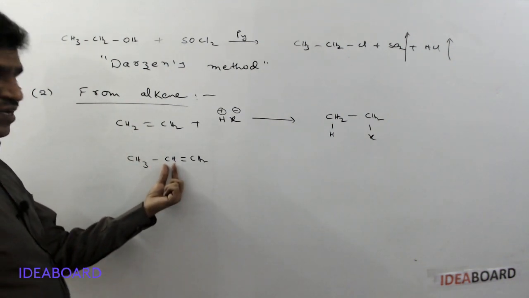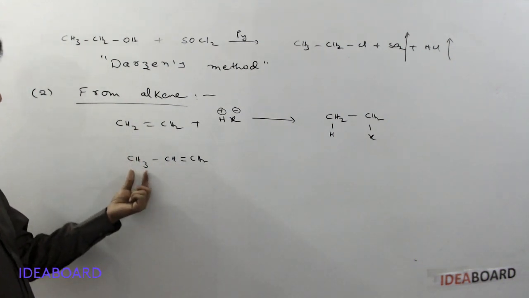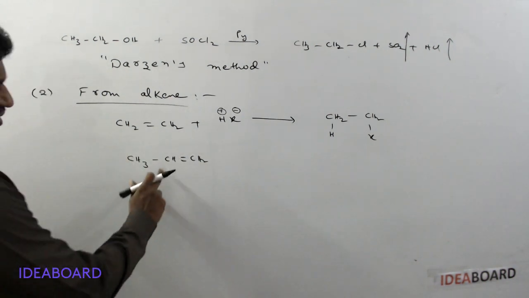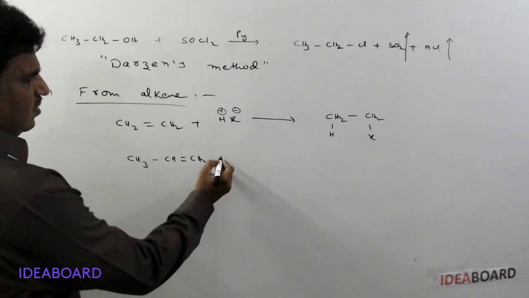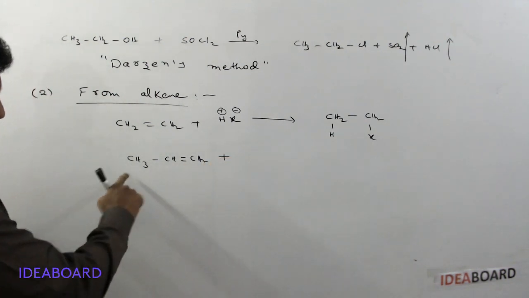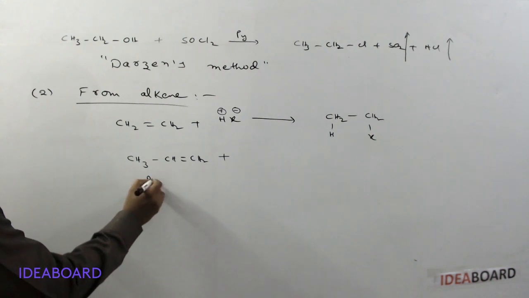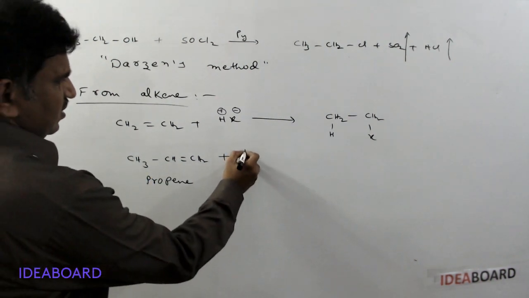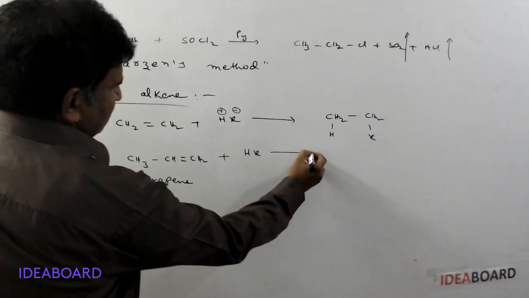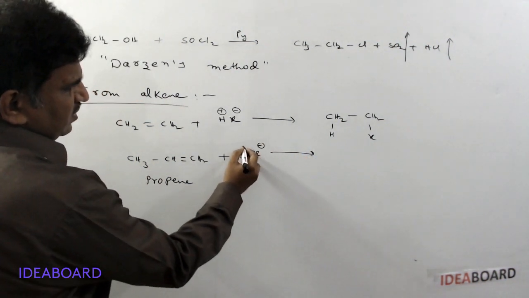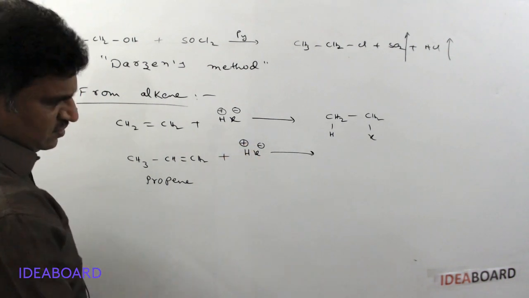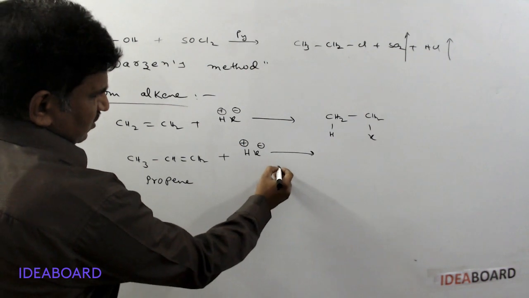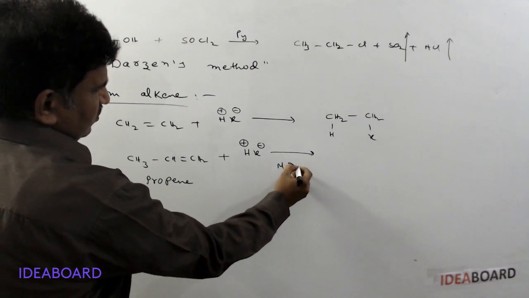But here one double bonded carbon has a hydrogen and a methyl group, and the other carbon has two hydrogens only. So it is an unsymmetrical alkene, propene. If you add HX to it, with X minus and H plus, the addition of HX to an unsymmetrical alkene always follows Markovnikov's rule.